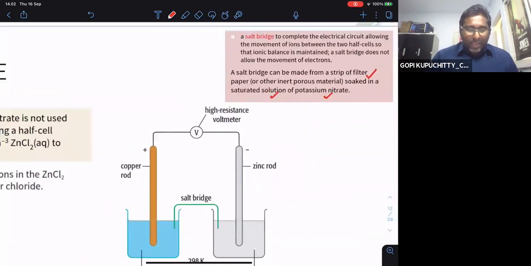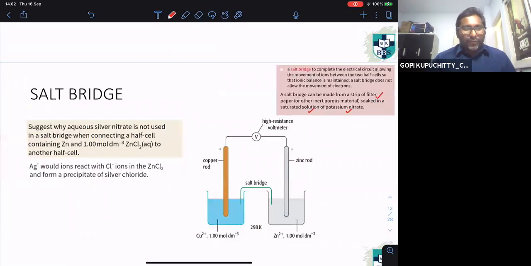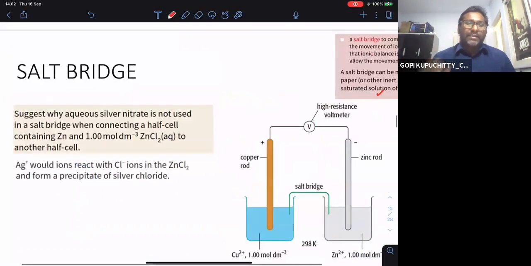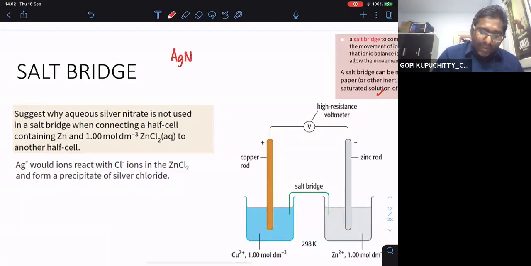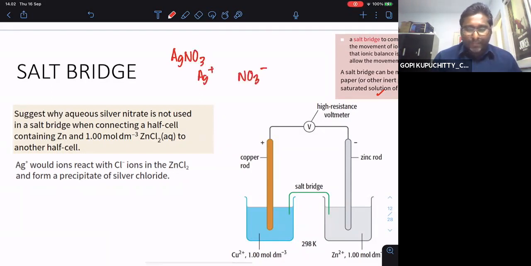But if there is going to be a question like this, suggest why silver nitrate is not used in a salt bridge when you are connecting with zinc and zinc chloride. So what will happen? If I put silver nitrate inside my salt bridge, it means there is going to be silver ion and nitrate ion.